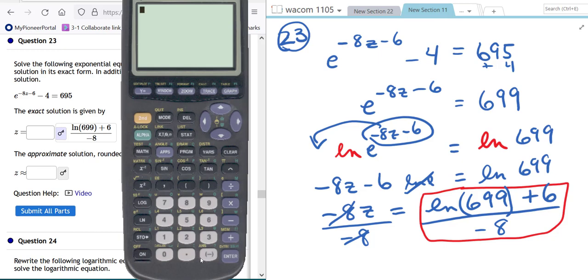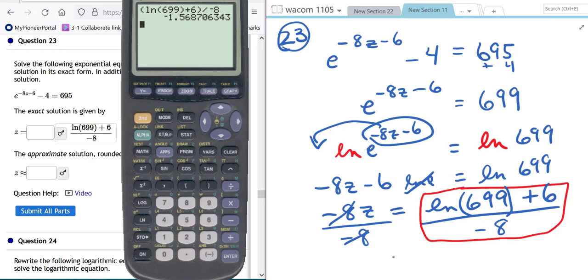Or you can do all your numerator, hit enter, and then hit divide. Those are your choices to do it correctly. We'll throw the parentheses on. All right, so natural log of 699, close that parentheses, plus 6, close the numerator, divided by negative 8.